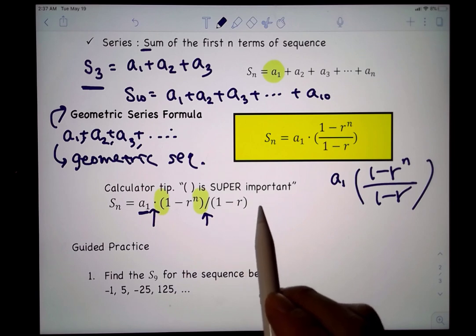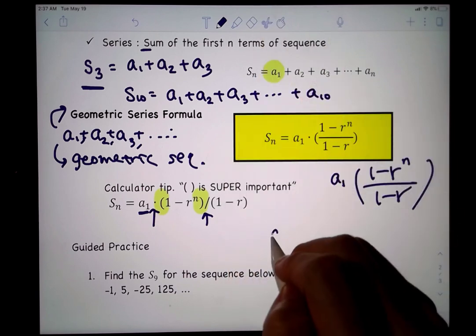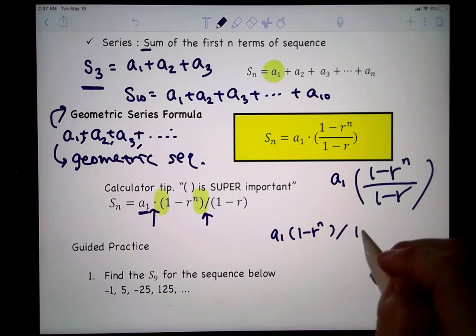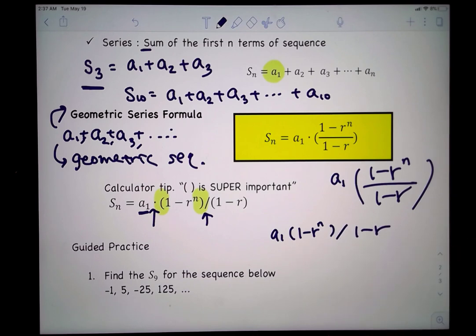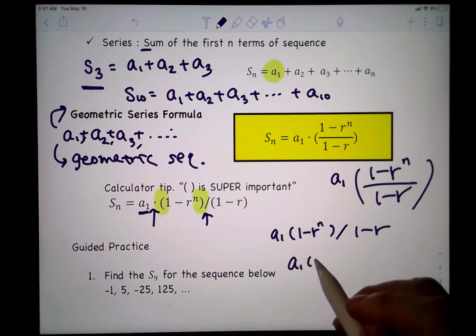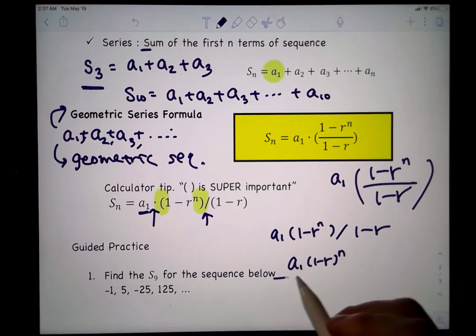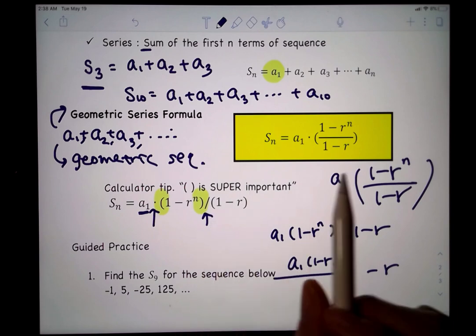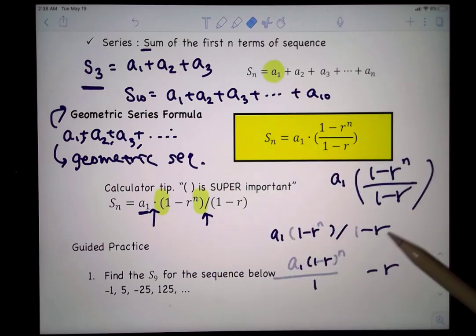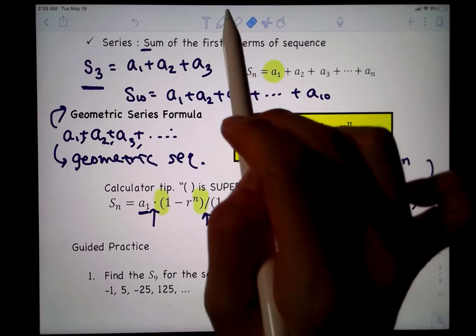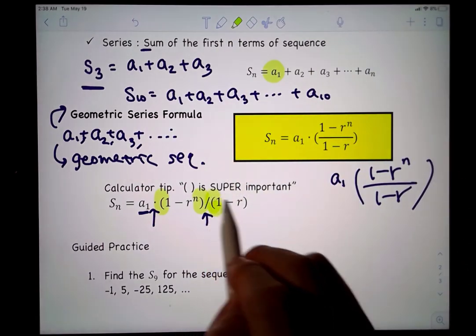If you don't put parentheses, your calculator will do a1 times (1 minus r to the n) divided by 1 first, then minus r. The calculator will calculate it like this. So don't forget your parentheses. Parentheses are super important.